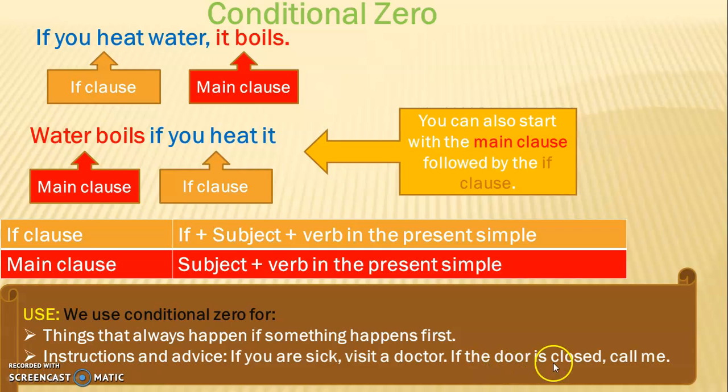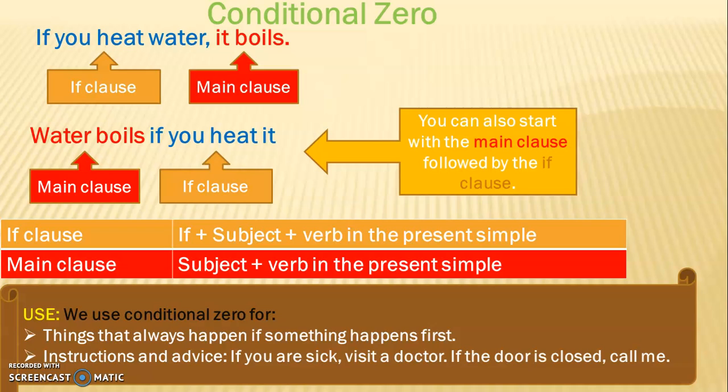If the door is closed, call me. The function of the zero conditional is to express things that always happen, for example rules and laws of nature, like physics. Instructions and advice are the second possibility to use this conditional zero.